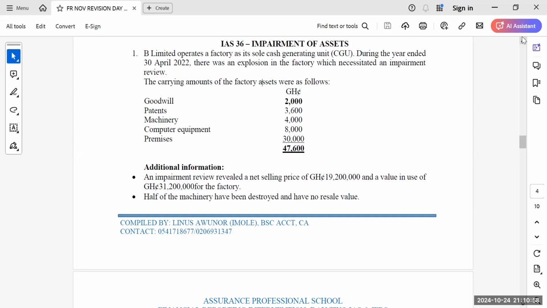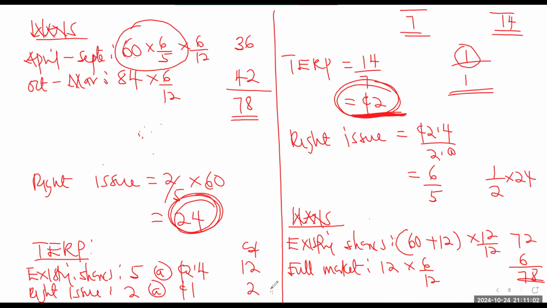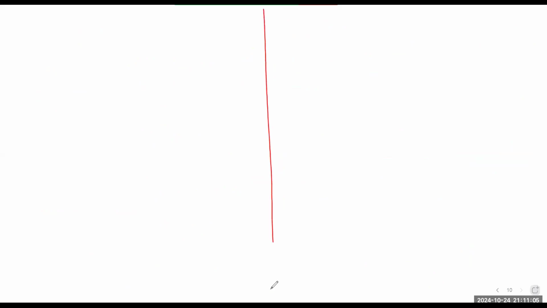Yes, sir. So let's determine the carrying value of the asset. We have been given the carrying value already, question 1. What is the carrying value? 47,600. So we have the carrying value of the asset.